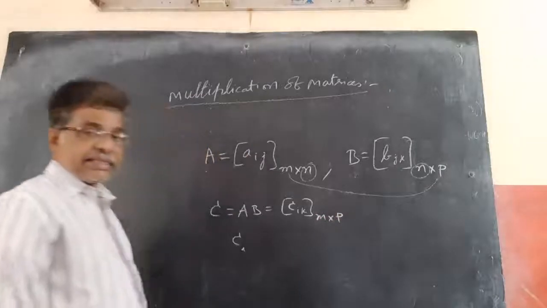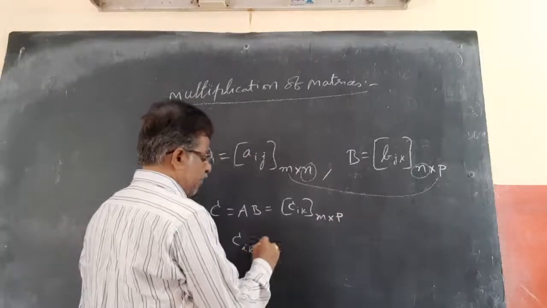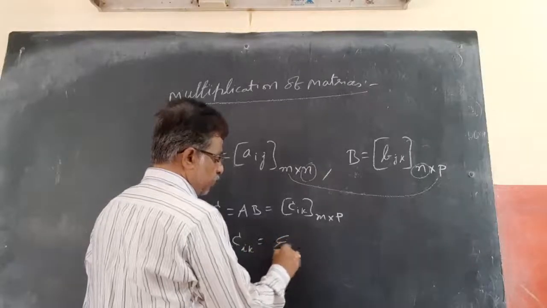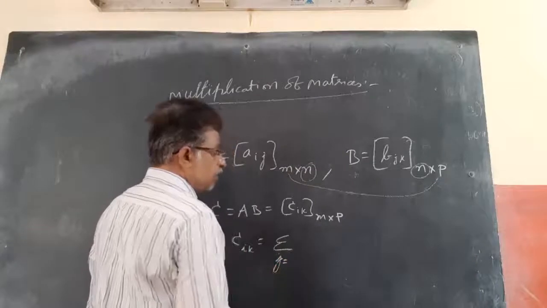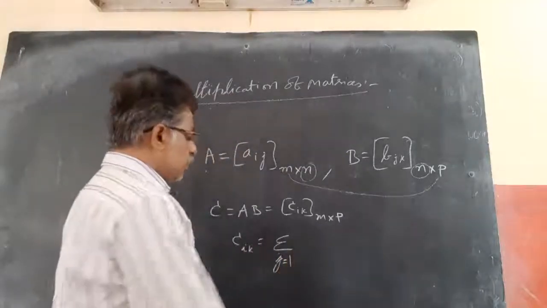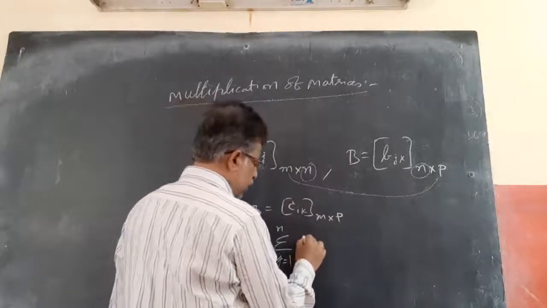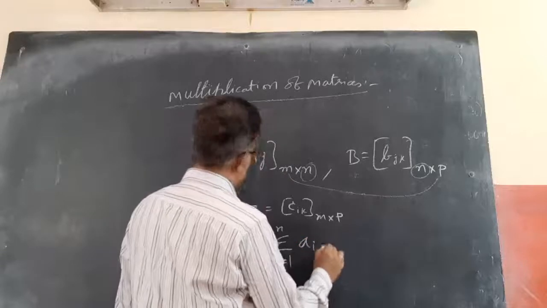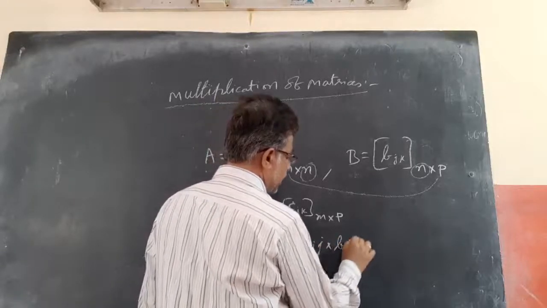Then how to multiply? C of ik = sigma j = 1 to n of A of ij into B of jk.